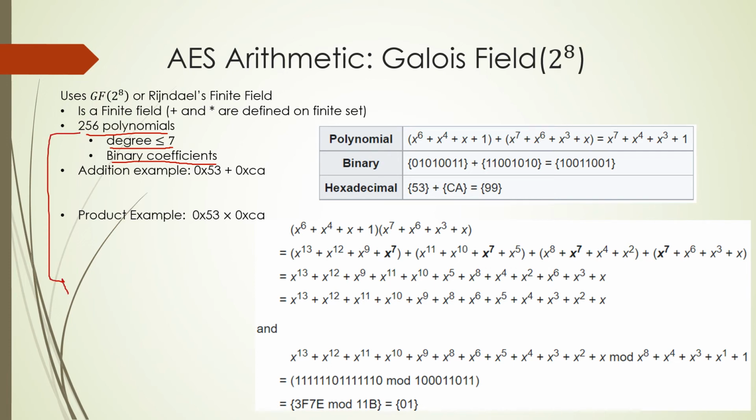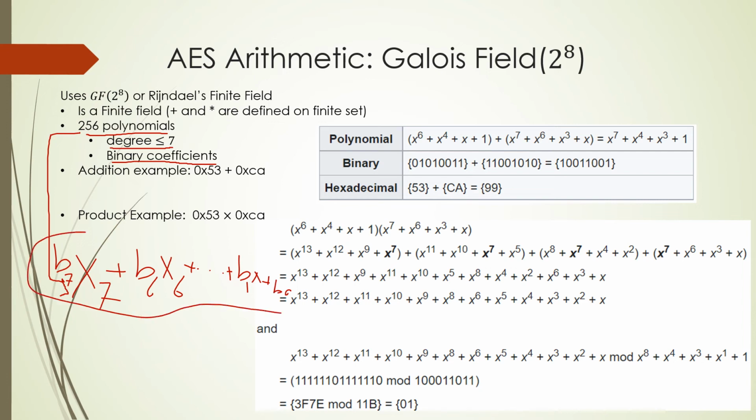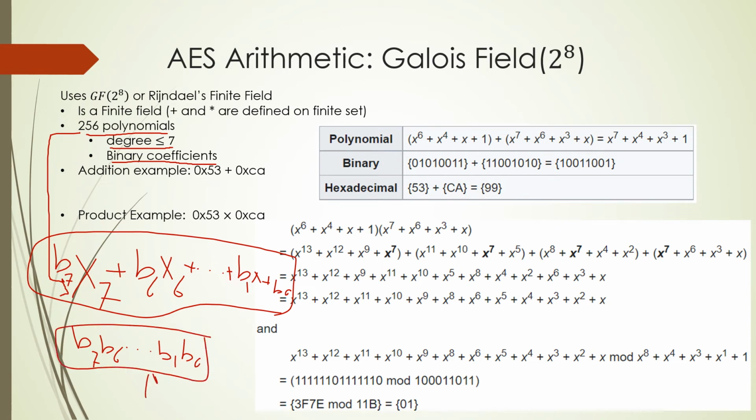polynomial. For example, let's say b7x^7 plus b6x^6 plus all the way to b1x plus b0, right? This represents the number b7, b6, all the way to b1, b0, and this is basically a binary number with 8 bits, which is a number from 0 to 255.